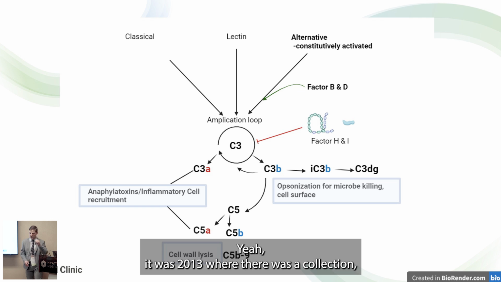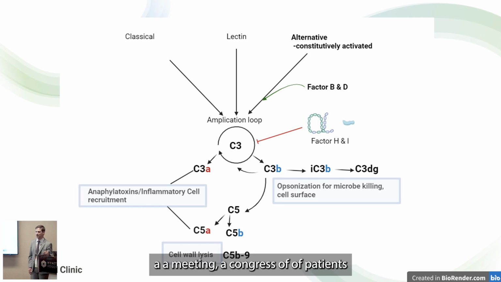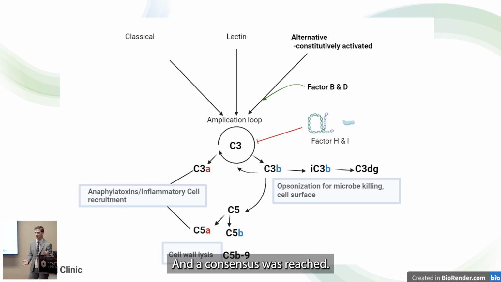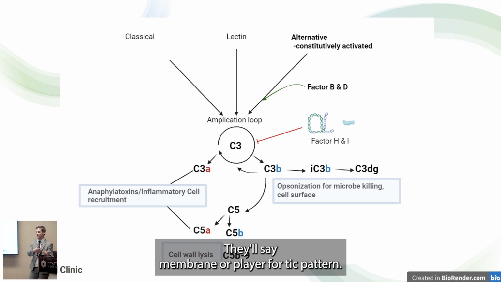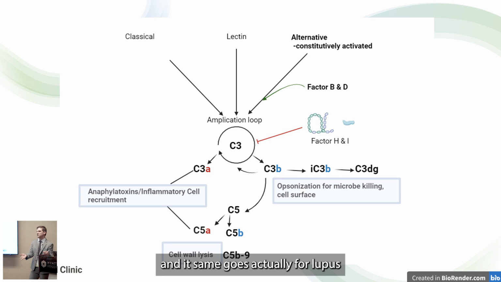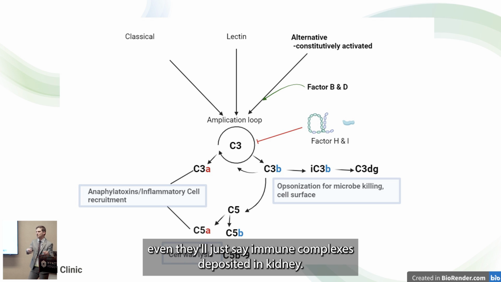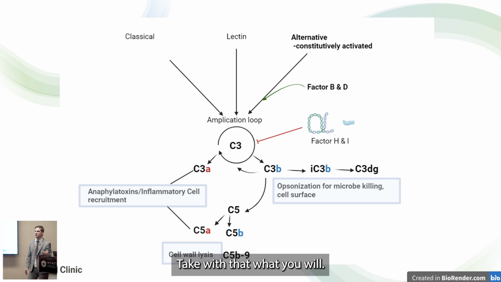Yeah, it was 2013 when there was a congress of providers, specialists in C3, and a consensus was reached. But you're still going to find pathologists out there that will give you a pattern. They'll say membranoproliferative pattern. And the same goes for lupus even. They'll just say immune complexes deposited in kidney. Take that for what you will.